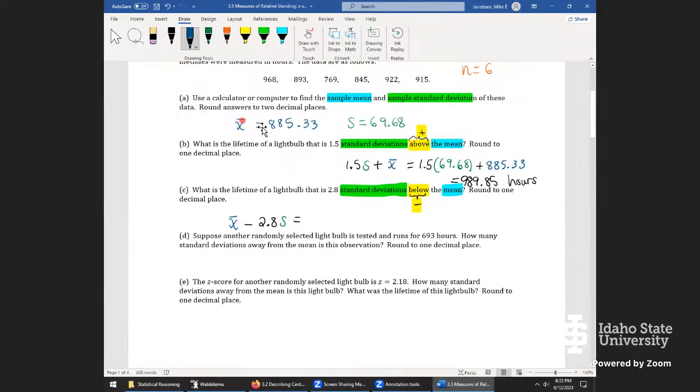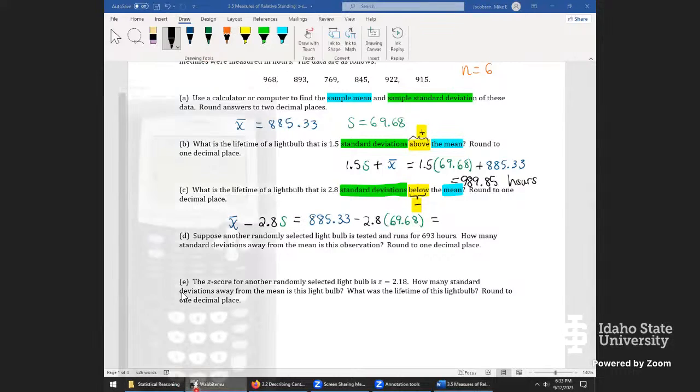We look up X bar. It comes out as 885.33 minus 2.8. And we're going to multiply that by S, 69.68. And let's see what we get this time.